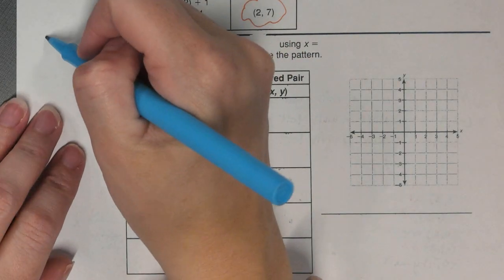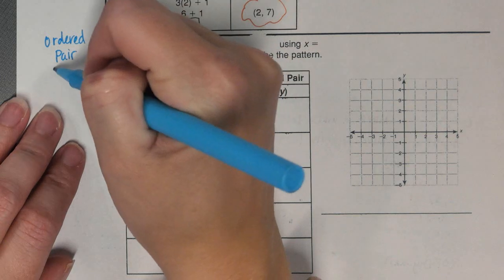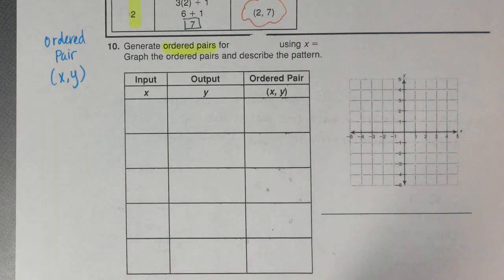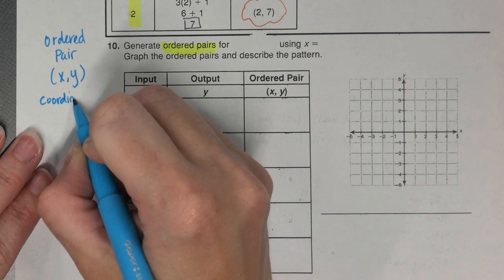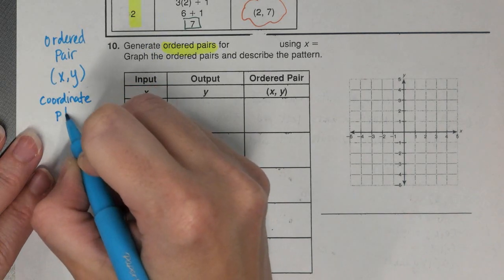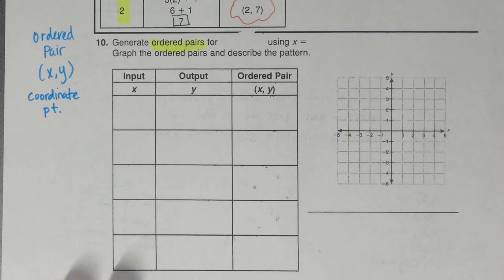Let's write it down if we're not sure. It's just an XY coordinate, okay? Another term for it is a coordinate point. So an ordered pair is just an XY point, okay?